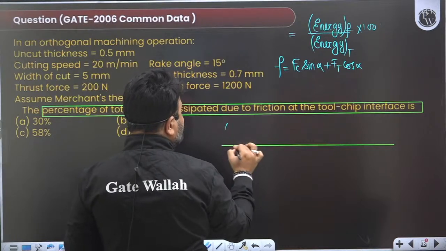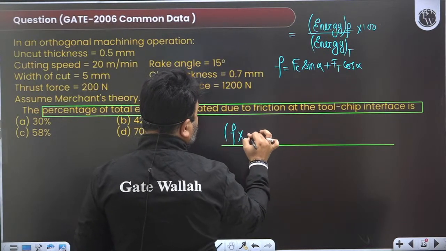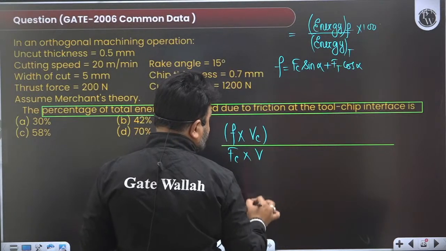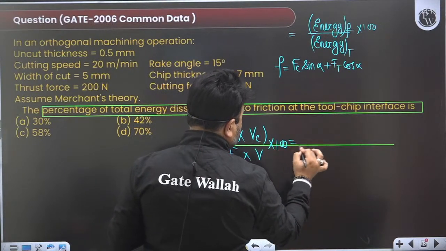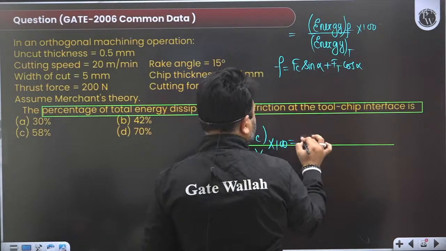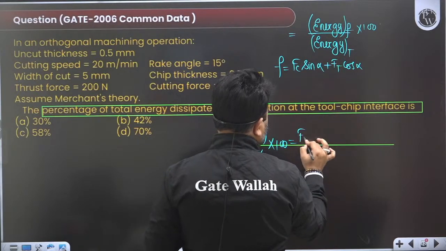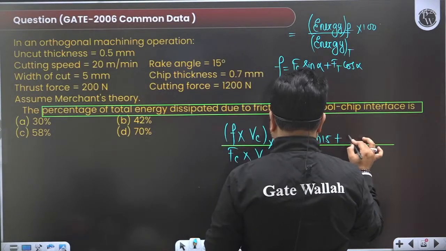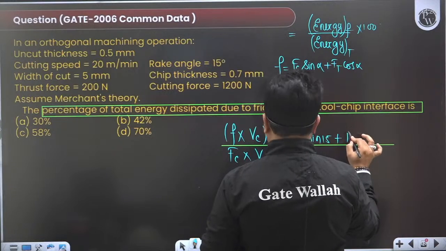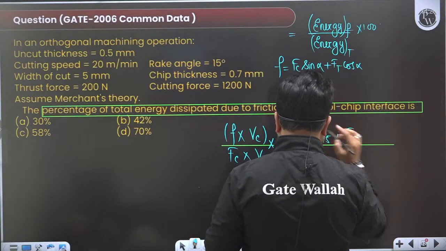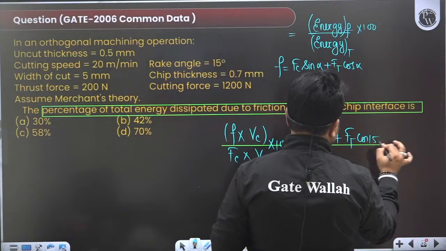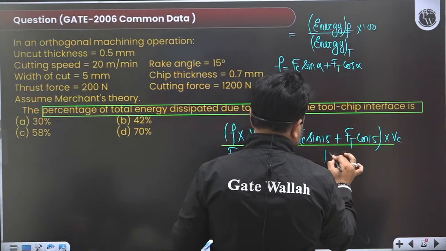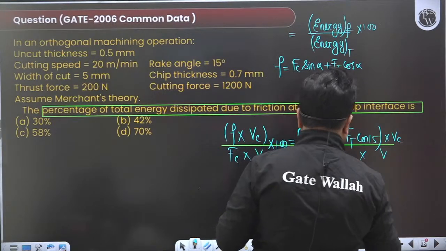Here we can write friction force into chip velocity, divided by cutting force into cutting velocity, into 100, right? The friction force is Fc sin alpha, 15, plus Ft, 200, Ft cos 15, into chip velocity divided by cutting force, that is 1200, into cutting velocity.